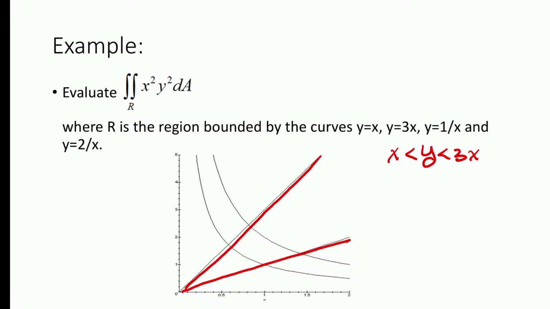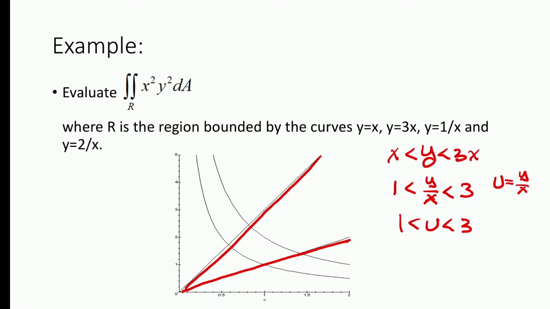Now take this inequality, divide everything by x, and look at what you get: 1 is less than y over x is less than 3. So if I let u equal y over x, I could get nice, easy limits like this. That's hard to do in a double integral in general, but if you have constants as your limits, that's easy.